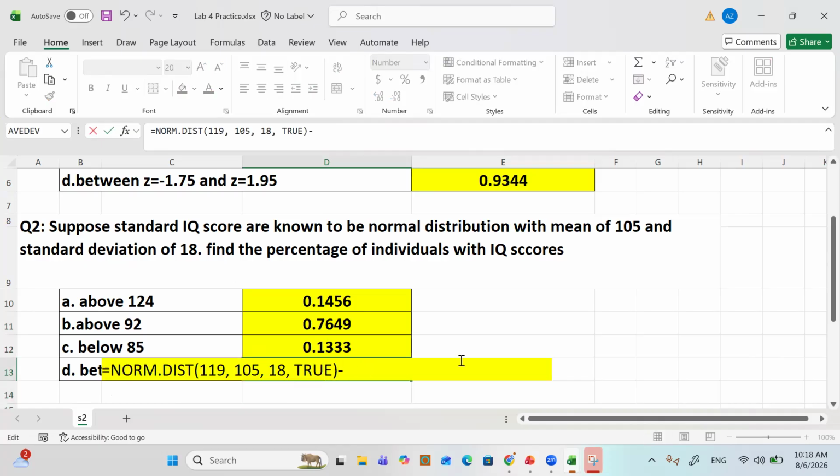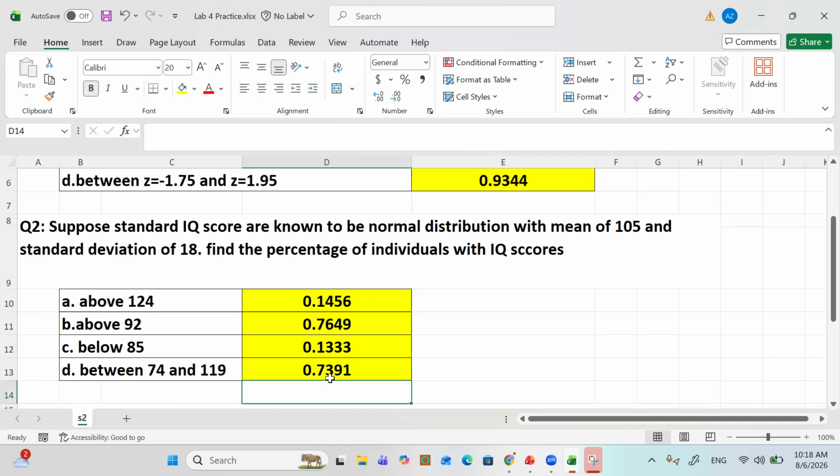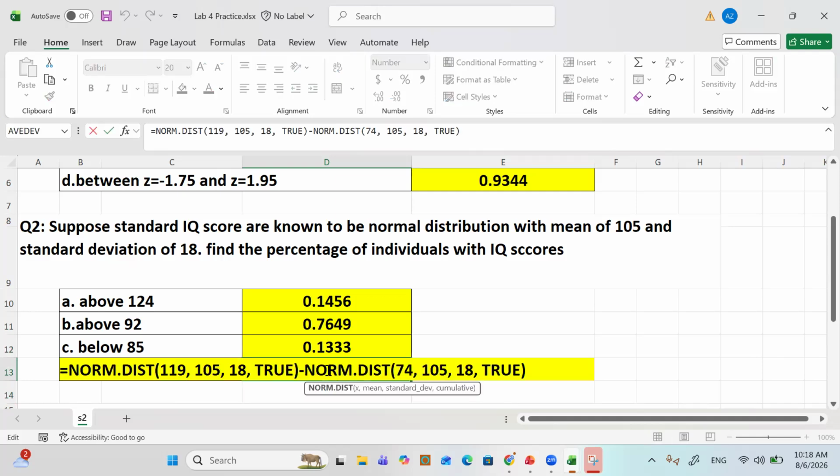So minus NORM.DIST, 74, 105, 18, true. And that will give us the result. This turned out to be 0.7391. This is the area in between.